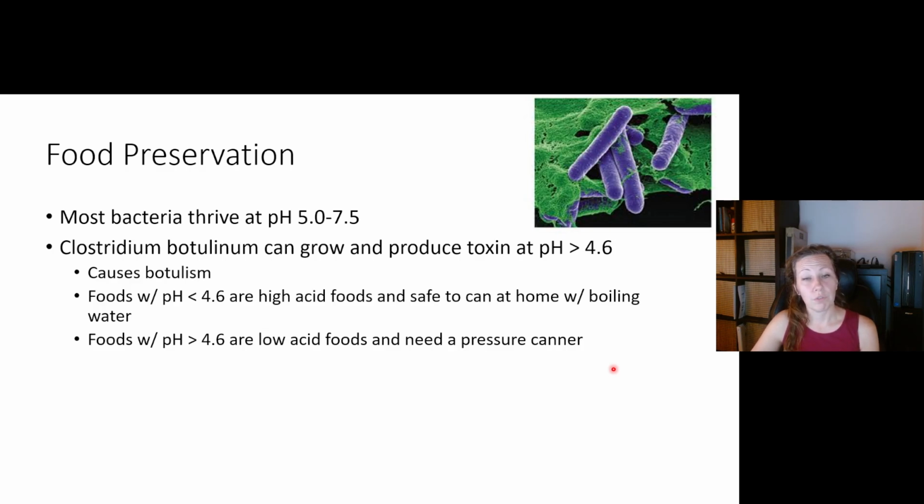But if any of you have done canning at home, hopefully you know a little bit about this and what is safe to can with boiling water and what is not.